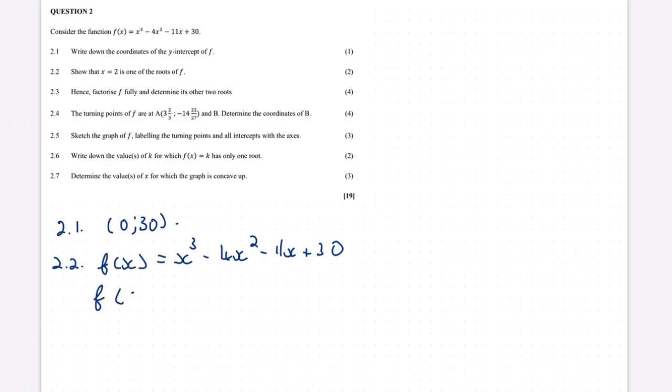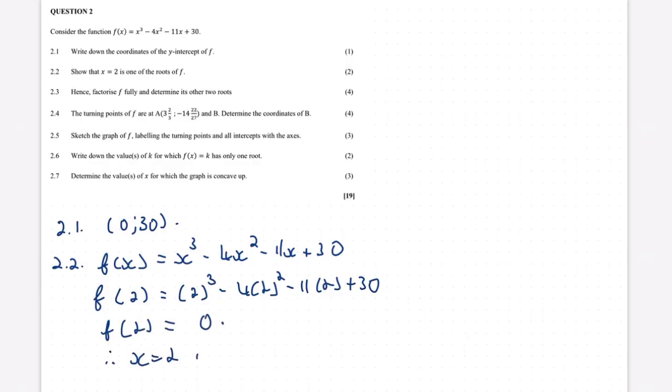We've learned a little bit about this in the factor and remainder theorem. So let's go ahead and plug in an x value of 2. If you put this in your calculator, you would get that the x value of 2 makes y 0. Therefore, x is equal to 2 is one of the roots of f.